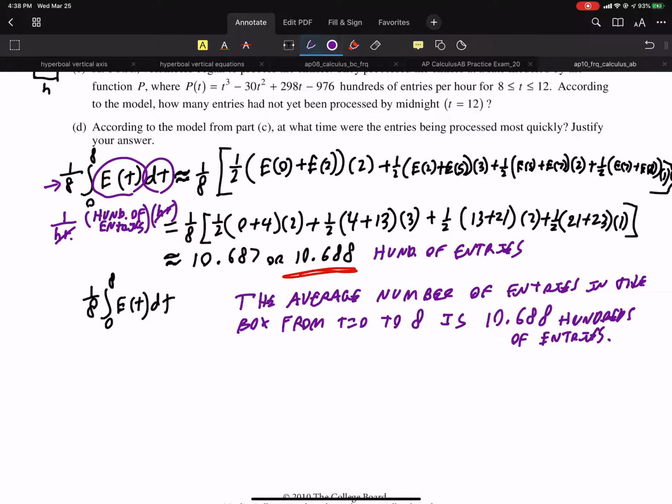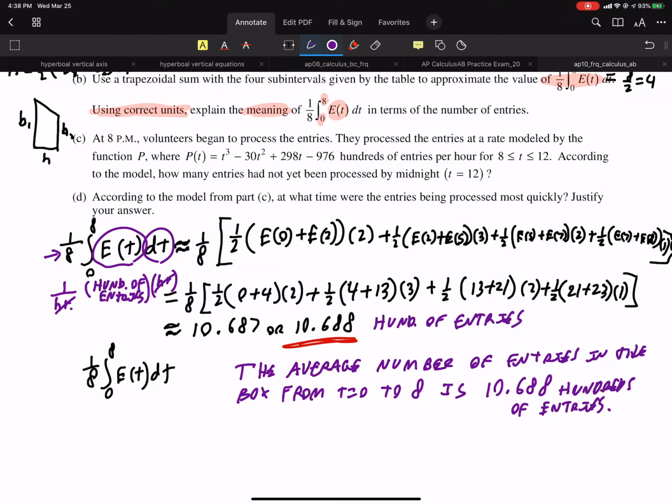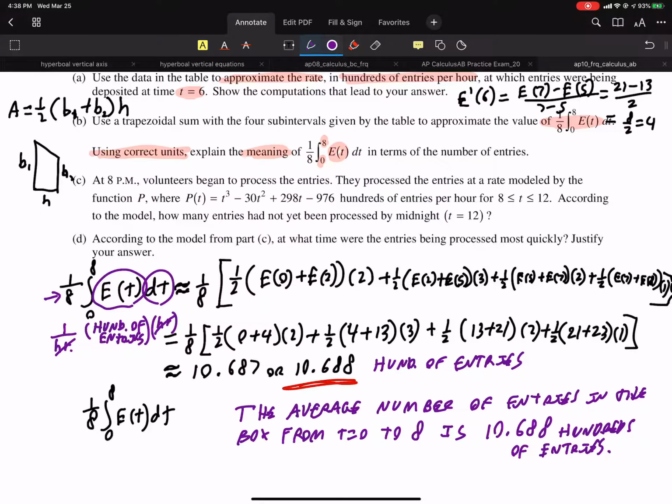That is the meaning of this integral. So that's part B. That was worth 3 points. Let's move on to part C.